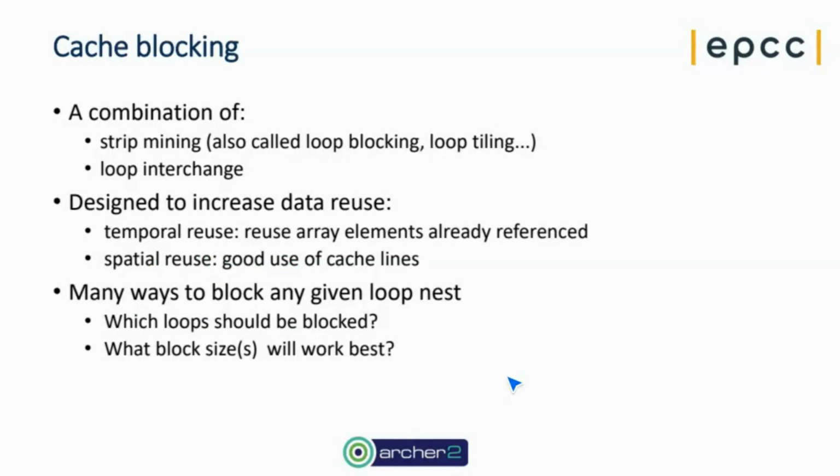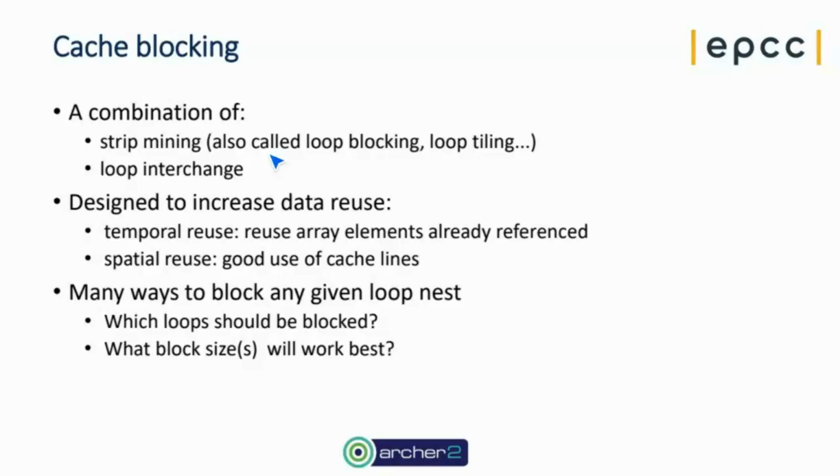So cache blocking, okay, this is a way of trying to improve reuse. It's a combination of so-called strip mining, also called loop blocking or loop tiling, and also loop interchange.